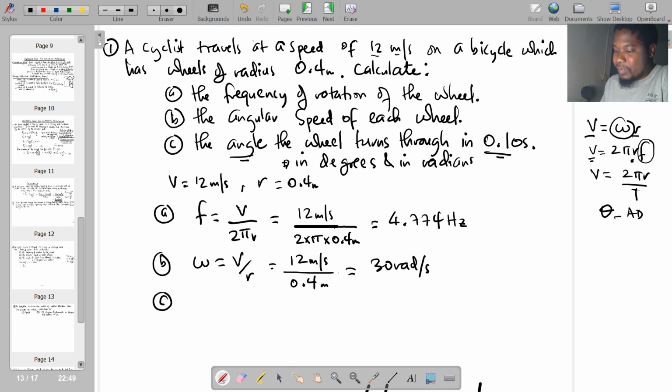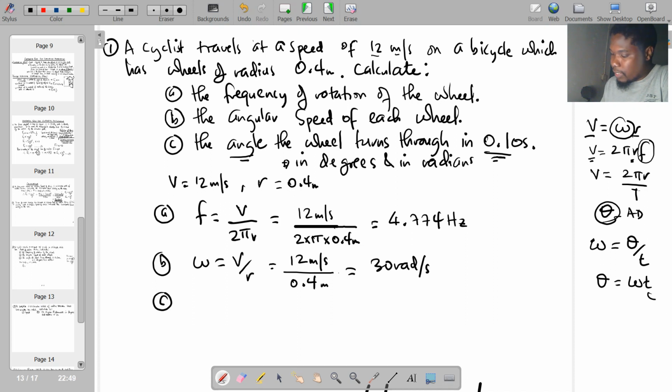Okay, so they've given us the time that they want us to consider, and then they want us to find the angular displacement. What formula should we consider? Remember that angular speed is equal to theta over time. Okay, that means if we make angular displacement subject of the formula, it will be omega times time.